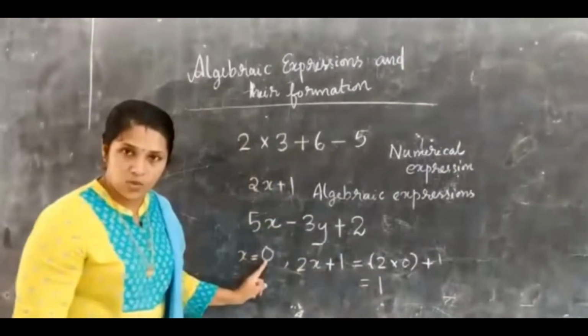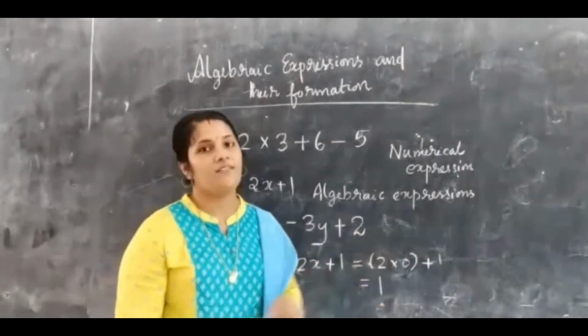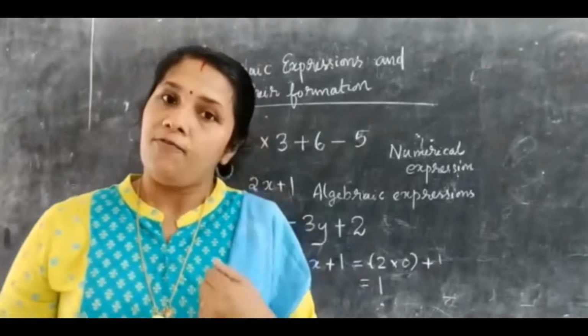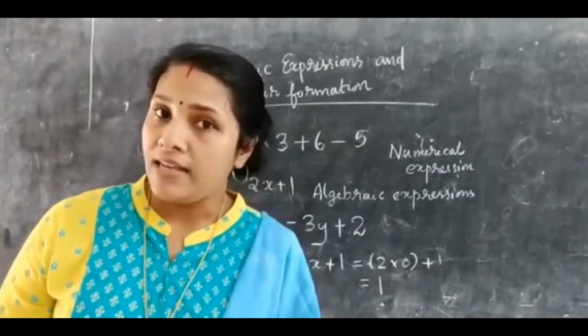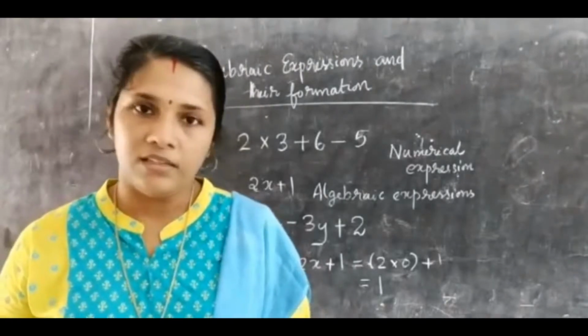So when x equals 0, the value of the expression is 1. So if the value of the variable is given, we can find the value of the algebraic expression. Got it?